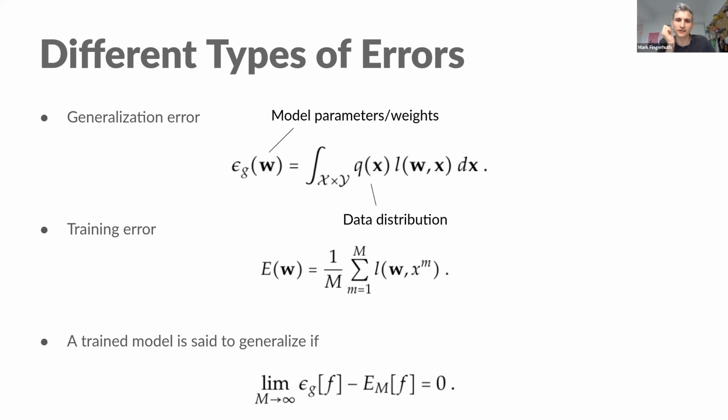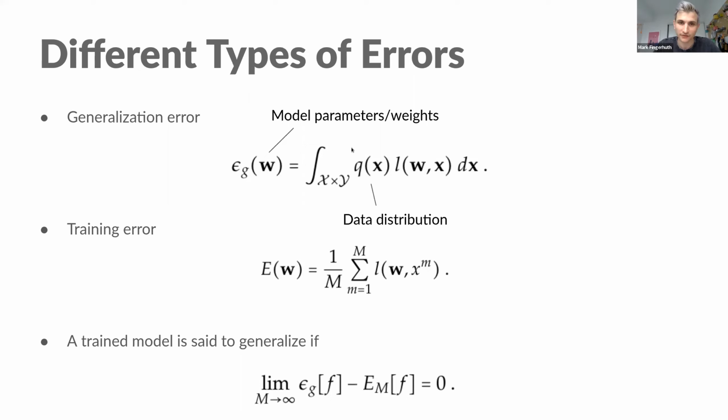So for the rest of the talk, we need to define a couple of quantities. One important quantity is the generalization error. The generalization error is defined with respect to the weight vector W, and it's basically averaging over the loss, given a model weight vector and a data set, and then averaging that over the entire data distribution.